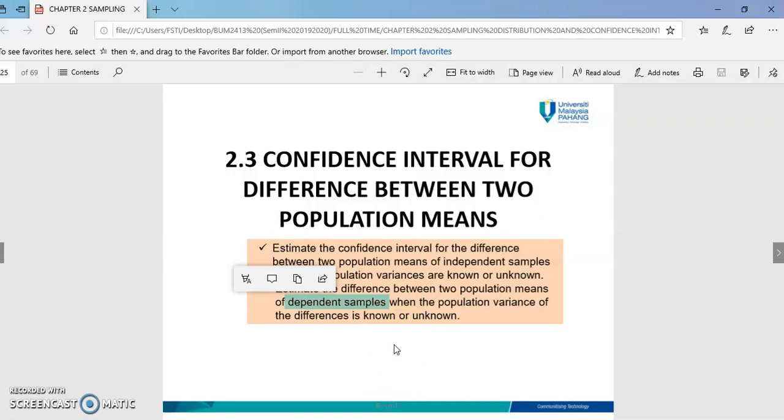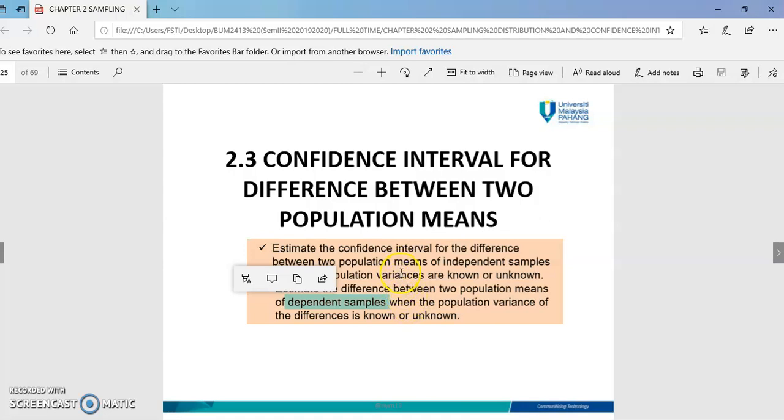If your subject is people, then those two data we get from the same people. Dependent sample we usually use for experimental data. We try to reduce the characteristic differences of the subjects, then we go to the dependent sample. So it is more for experimental data.